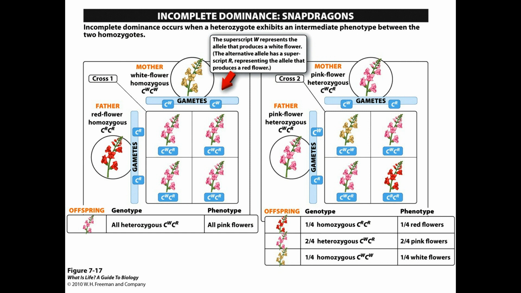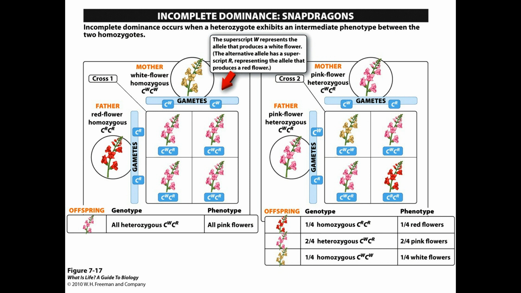Here we're looking at an example of incomplete dominance with snapdragons. We take a homozygous red flower and cross it with a homozygous white flower, and we get all offspring that are pink. So they have a copy of the red and the white alleles. Well, what happens if we cross two of these pink flowers that are heterozygous?